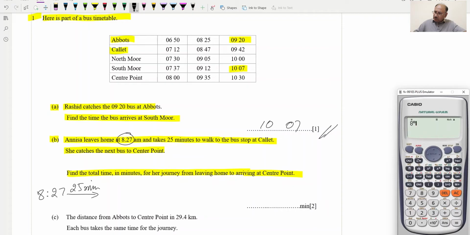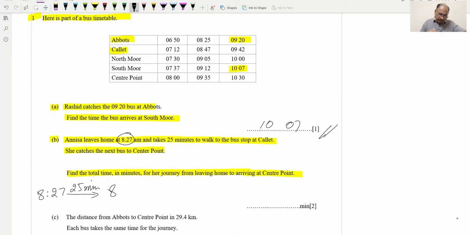So 8 hours and 27 minutes plus 0 hours and 25 minutes, and this will be 8:52. So we can write here 8:52. This will be the time, and at 8:52 she will be able to catch only this, which is the 9:20 bus.